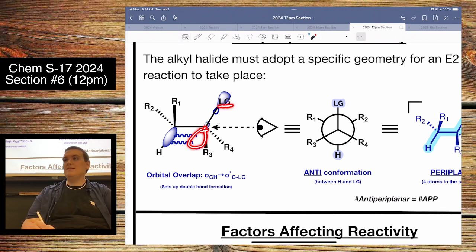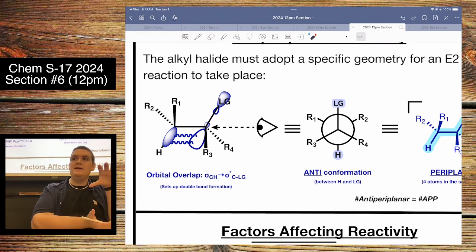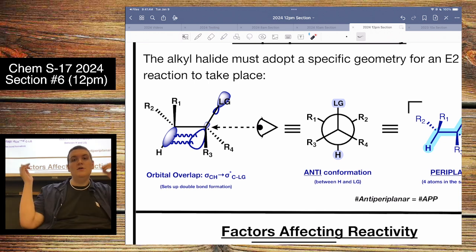So this is the first type of reaction you've seen that has this kind of 3D alignment requirement. If you go on to take Chem 27, you'll see this is actually really common in a lot of biochem reactions. Enzymes typically hold substrates in a very specific position so that these kinds of overlaps are possible.